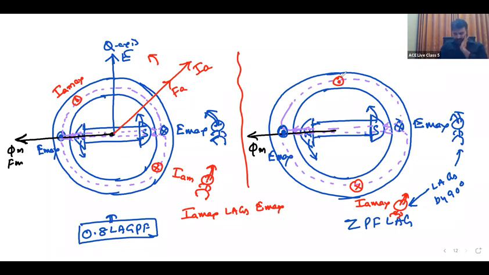Now you apply your thumb rule. Which direction will it come, with current lagging? Actually, the main field flux is in this direction.